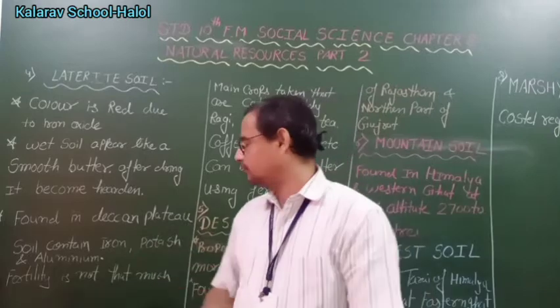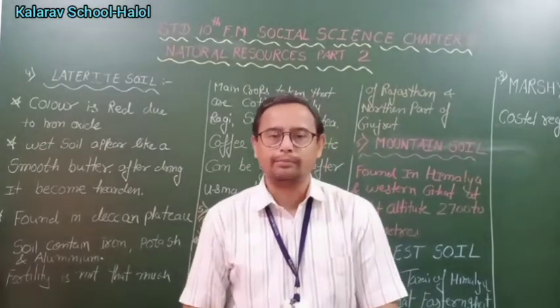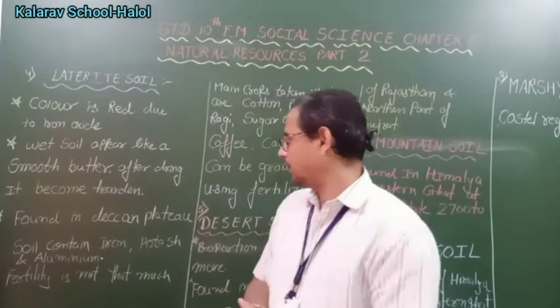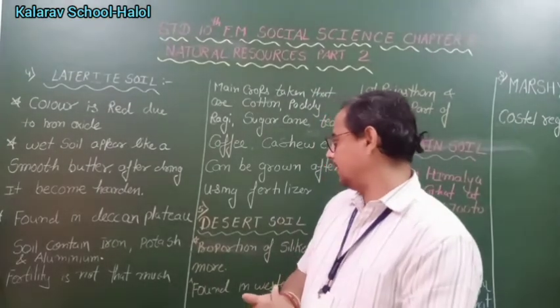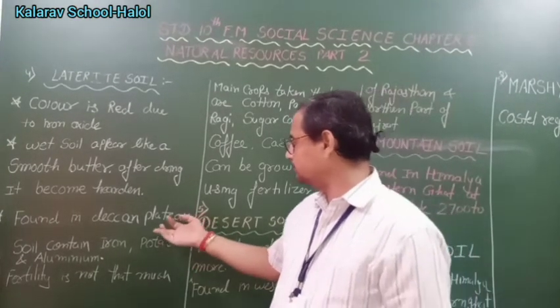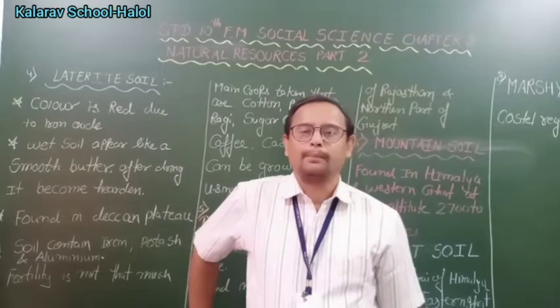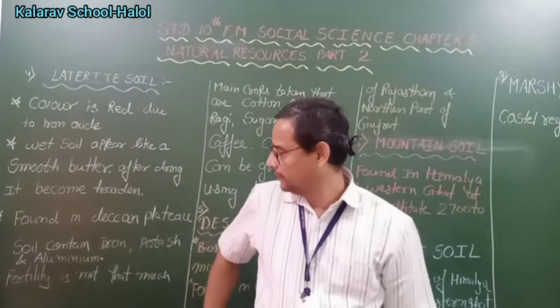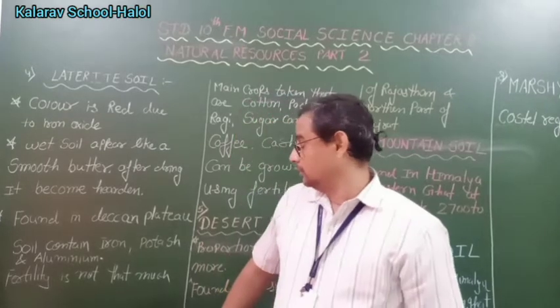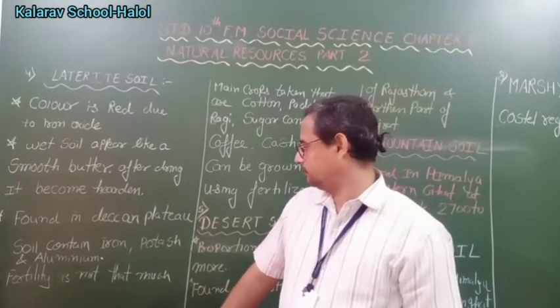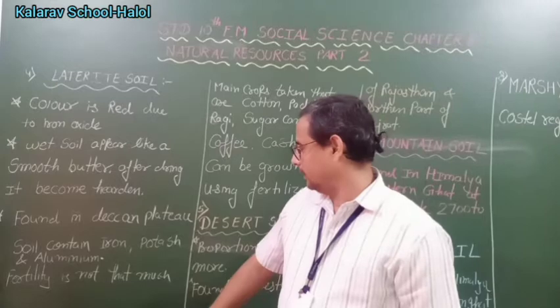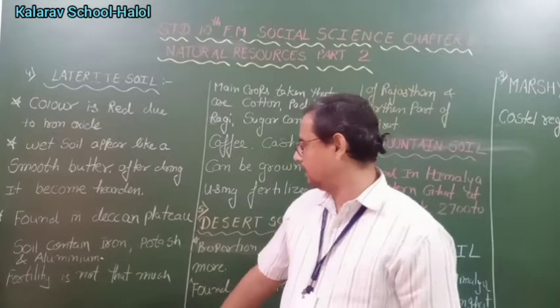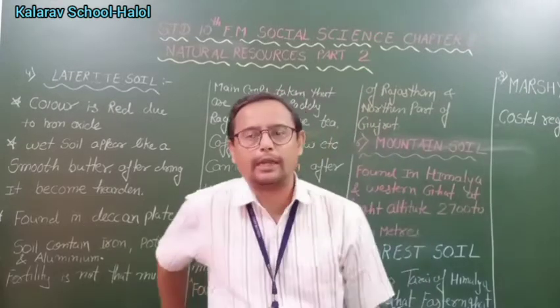Basically, this soil is found in southern India, the Deccan Plateau, and also in certain parts of Orissa and Chhattisgarh. It is not that fertile. This soil contains iron, potash and aluminium.